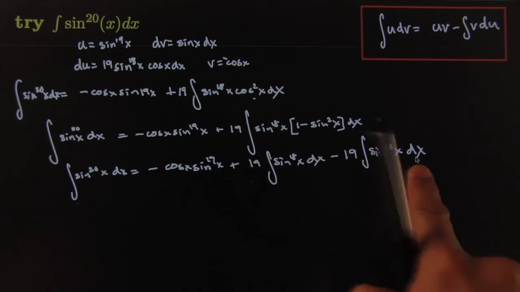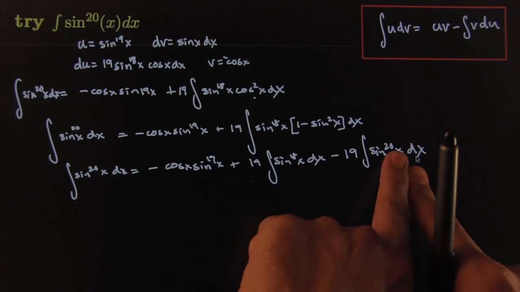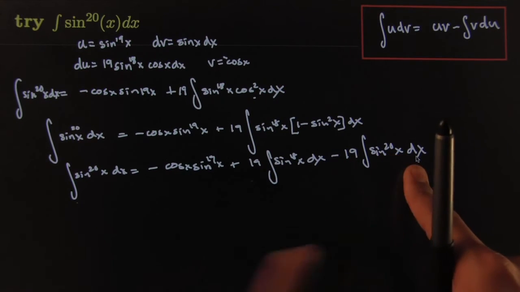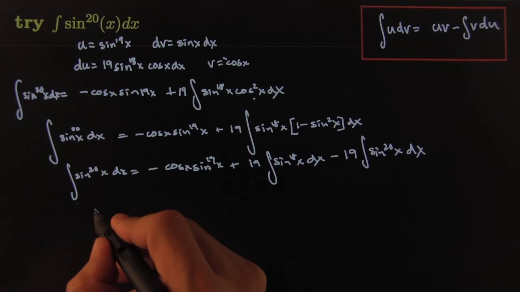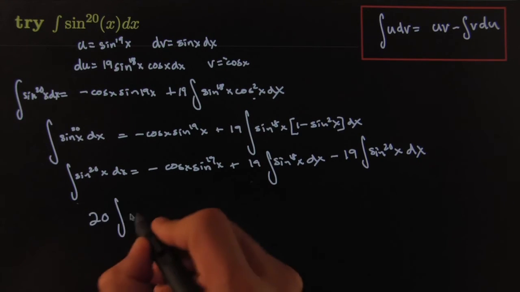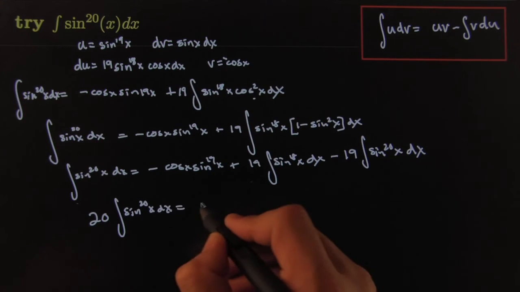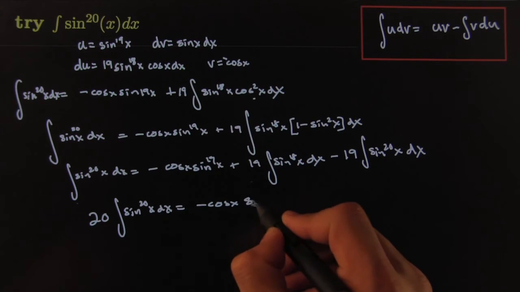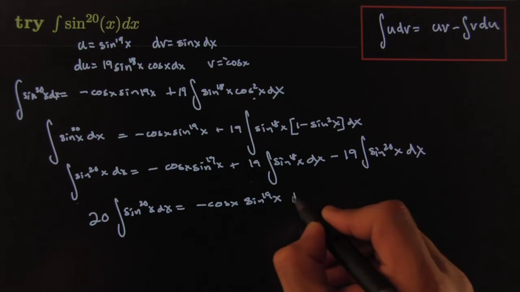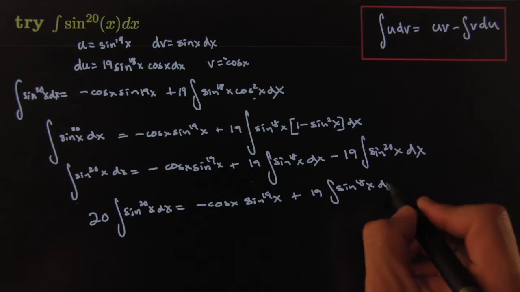You say, whoa, there's the boomerang effect again. I got the same thing that I started off with. Over here, 19 of them. I add positive 19 of them on both sides, and I get that 20 integrals of sine to the 20th x dx is equal to negative cosine of x sine to the 19th of x plus 19 integrals of sine to the 18th x dx.